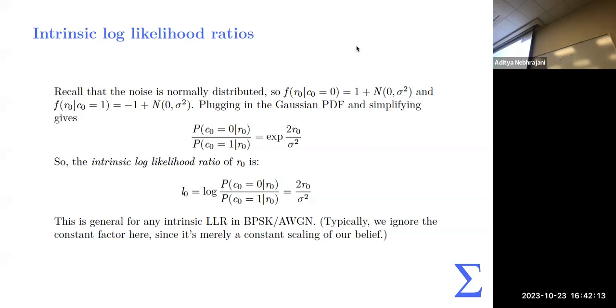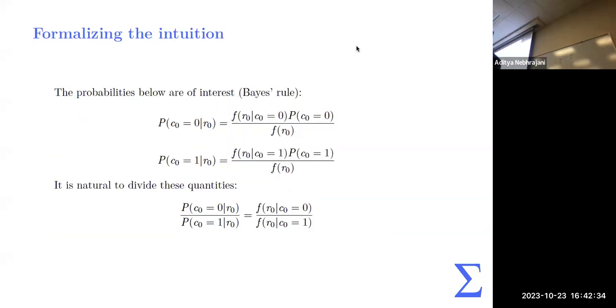And so we've computed the intrinsic log likelihood ratio of R0. That's just the logarithm of this quantity. You get rid of that e raised to whatever, and we get this. This is very general for any intrinsic log likelihood ratio. And why is this intrinsic? It's because the quantity we were computing is basically asking, what is the probability that C0 is 0 given R0?